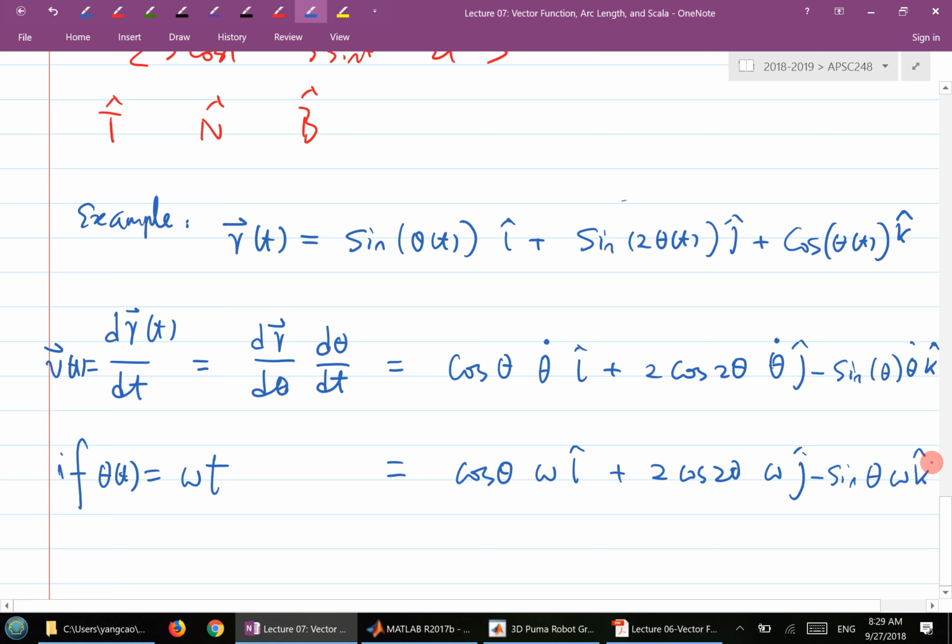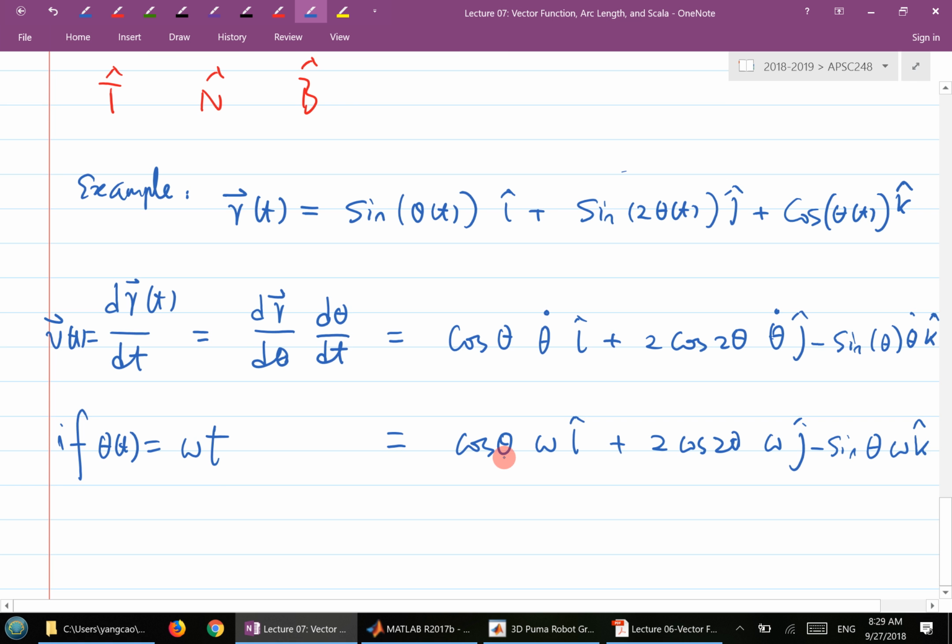So that's one more step. And I think I'm supposed to substitute the theta back into this equation here.